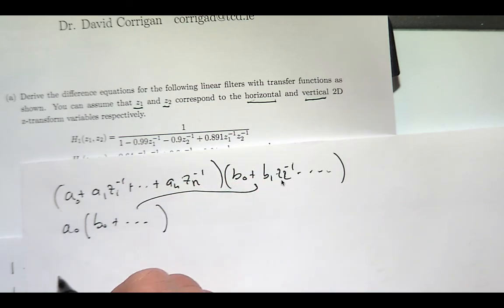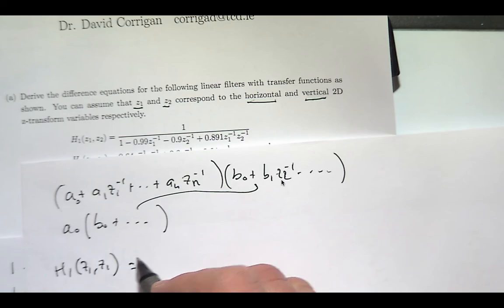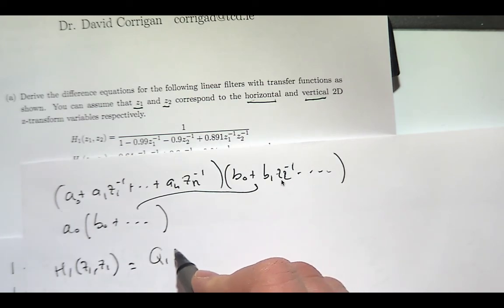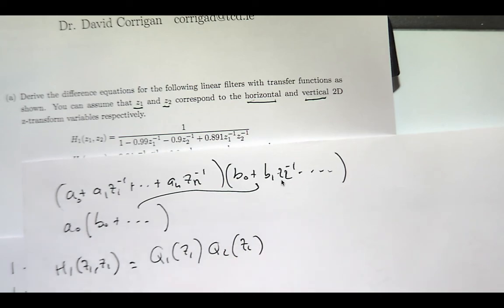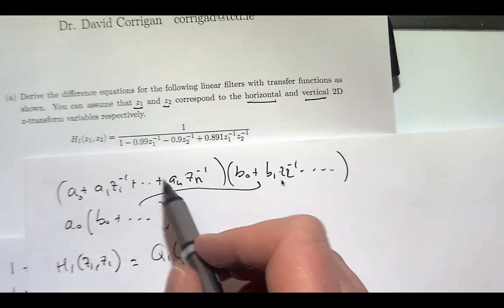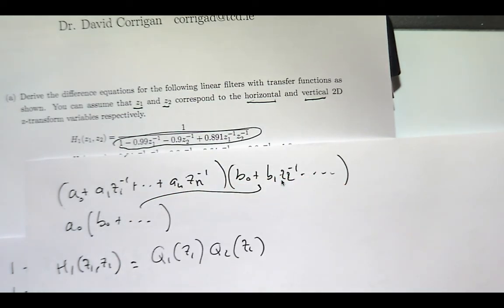The question here is, you have H1 of Z1, Z2, and I suppose for us now we'd write that down as two fractions, let's call them Q1 of Z1 and Q2 of Z2. I just have to check whether this particular polynomial is separable or not.